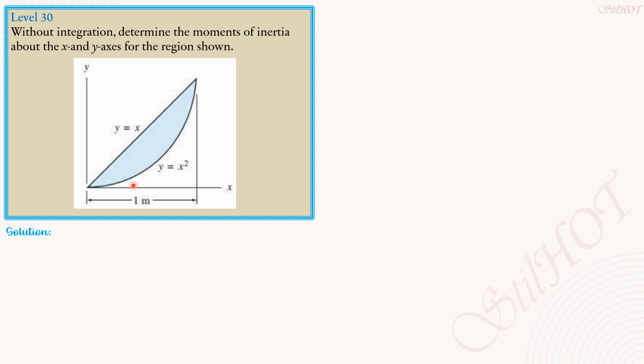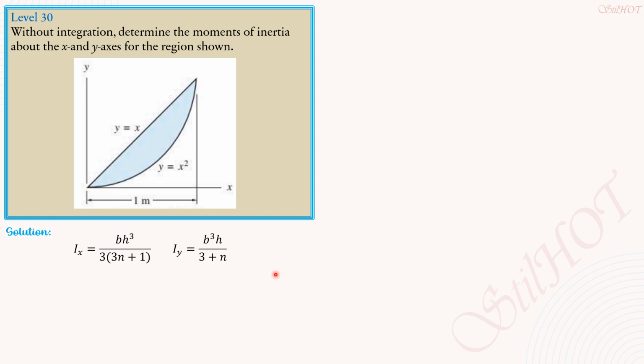So for our solution, we use Ix equals, if you can recall, bh cubed over 3 quantity 3n plus 1, and Iy is b cubed h over 3 plus n.